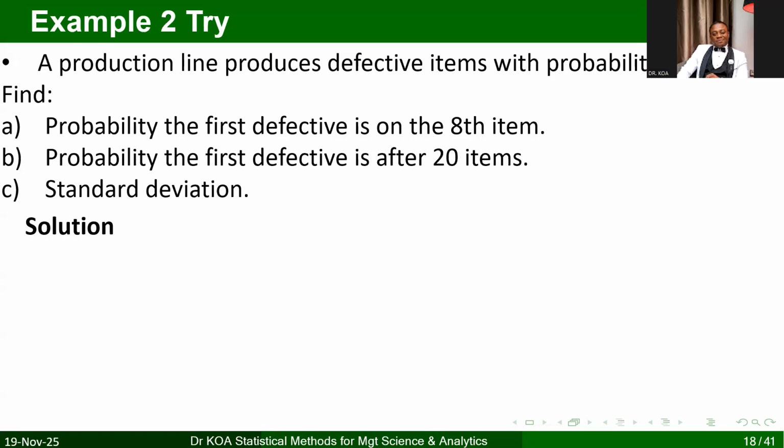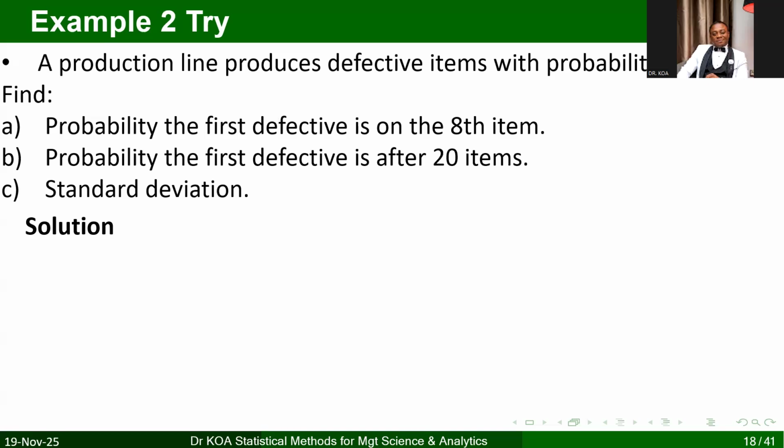Now, if you check carefully, it's more about positioning: that the first defective is on the 8th, so that gives you the geometric distribution, because it's not the probability of success, it's the probability of first success. The second is find the probability that the first defective is after the 20th item, and then also find the standard deviation.